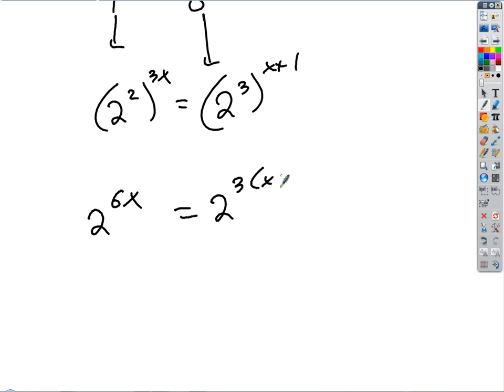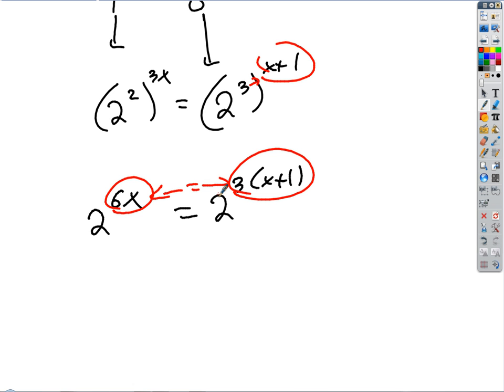Now, I have to put parentheses this time because I'm multiplying 3 times that whole thing, right? So if I go ahead and distribute, then I know that because the bases are the same, those exponents have to be equal.